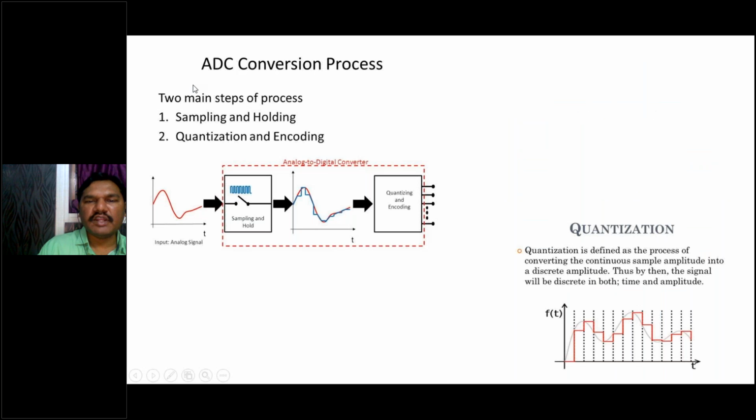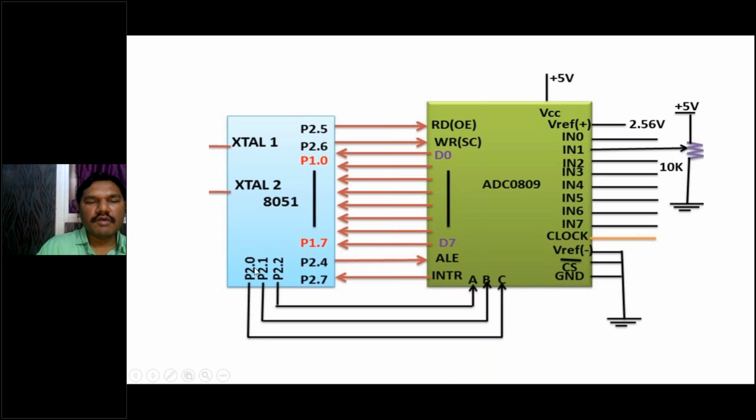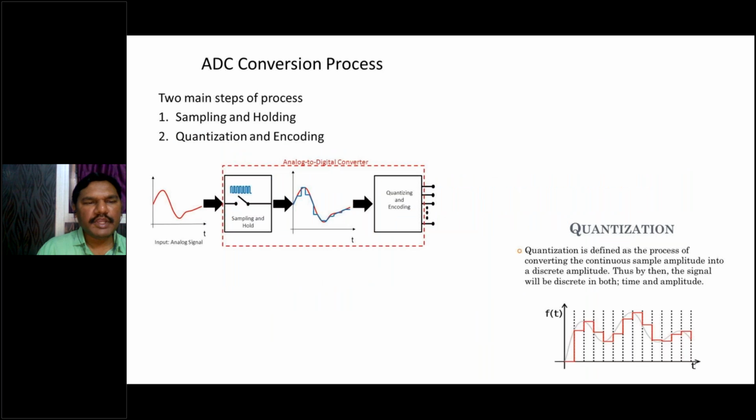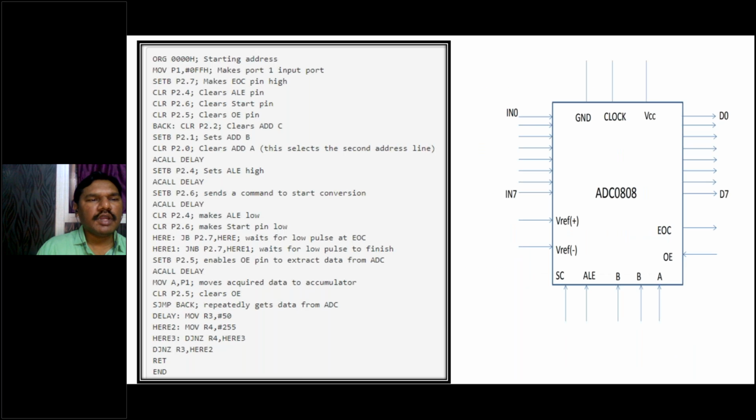Next, SETB P2.7. What is P2.7? If you see here, P2.7 is INTR and it is connected to the 8051, and P2.7 is connected to make EOC, end of conversion. CLR P2.4 clears ALE, address latch enable, to get the A, B, C selection lines, and CLR P2.6 clears the start pin.